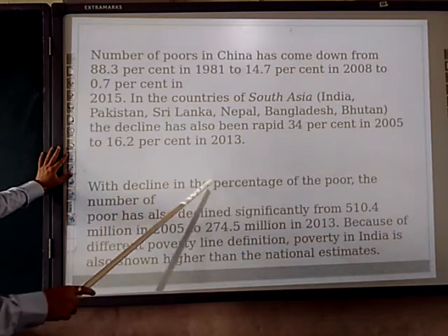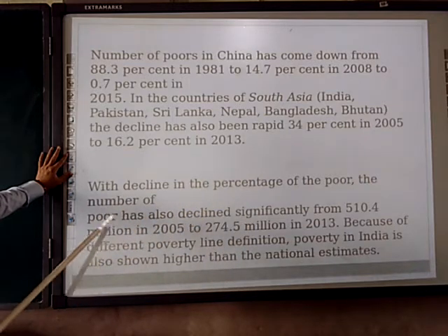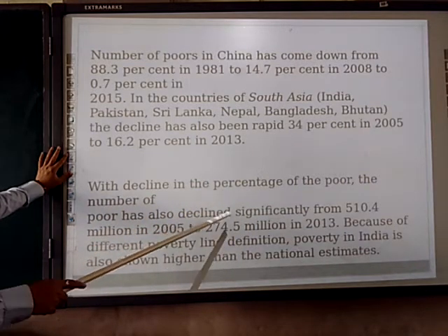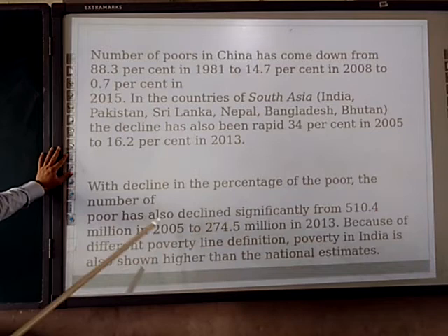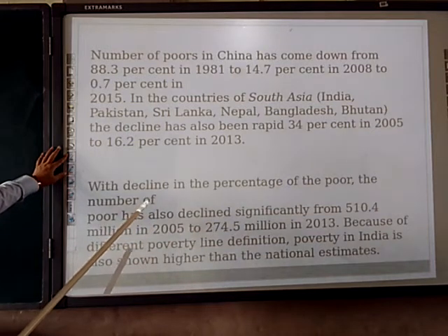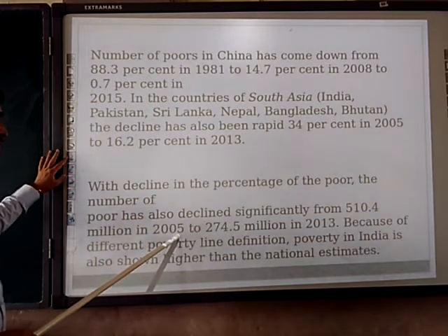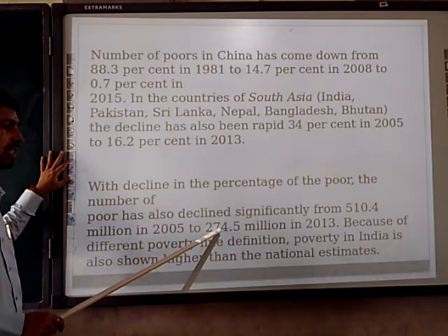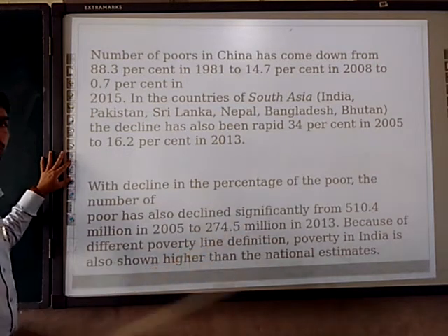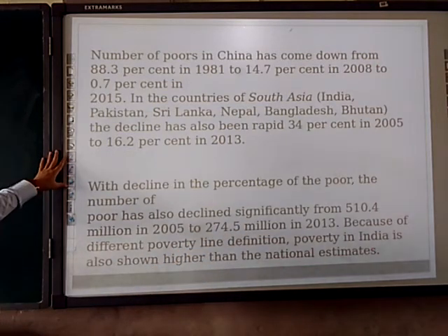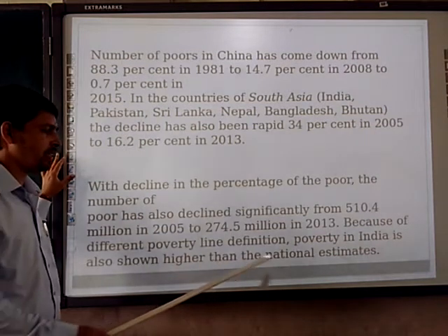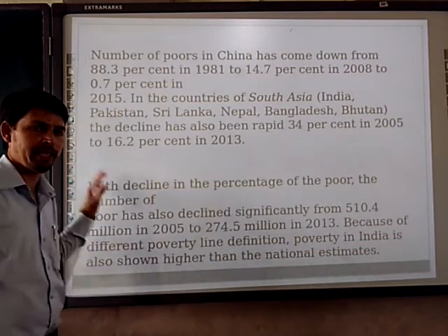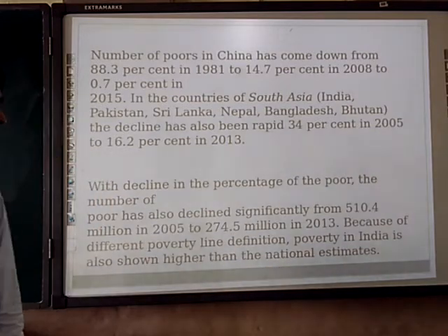With the decline in the percentage of the poor, the number of the poor also declined significantly from 510.4 million in 2005 to 274.5 million in 2013. Because of different poverty line definitions, poverty in India is also shown higher than the national estimates.